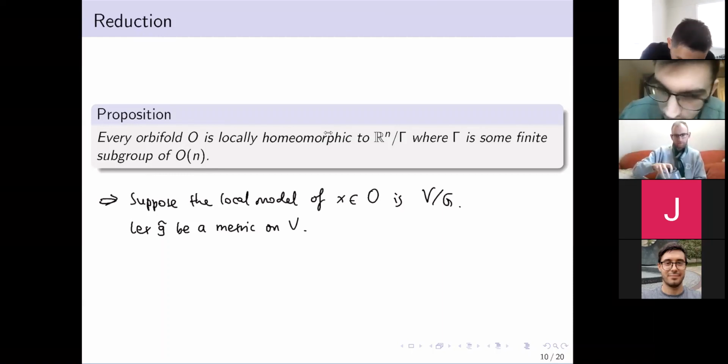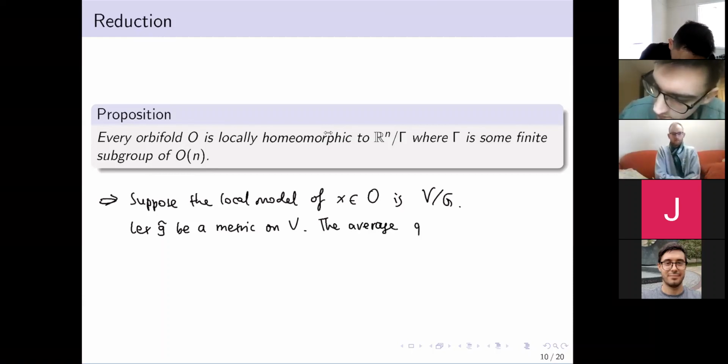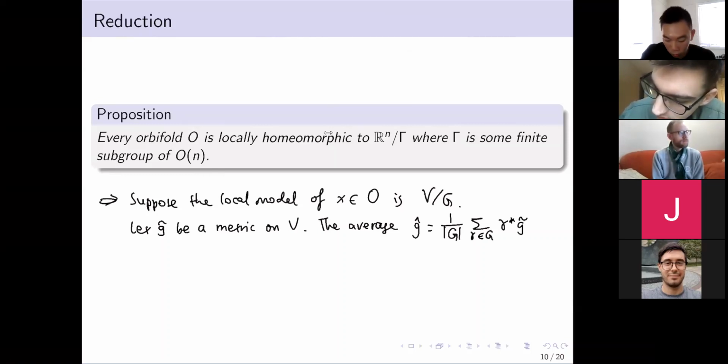One way to do so is basically to take the average. I'm going to call this G hat, and I'll take a sum over all the possible pullbacks of this metric.